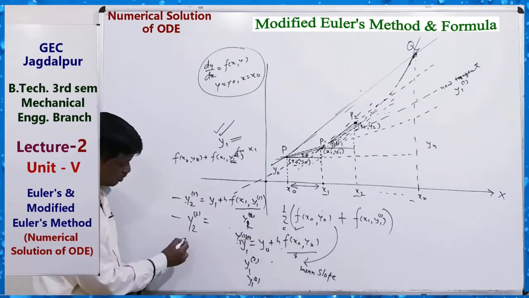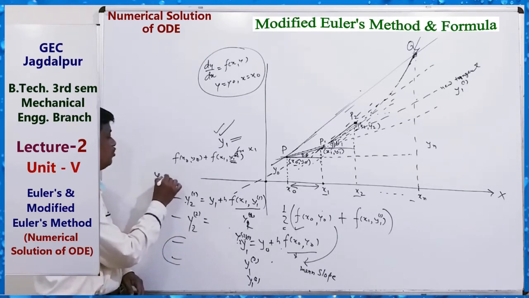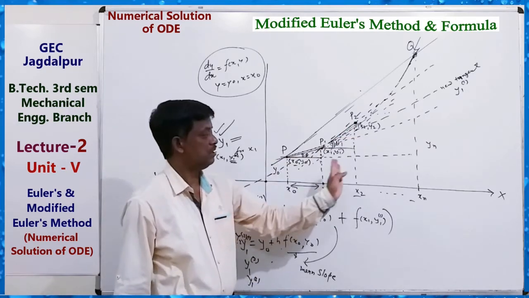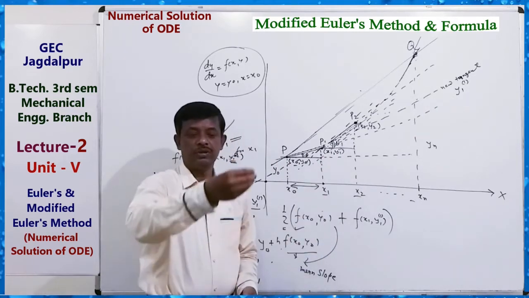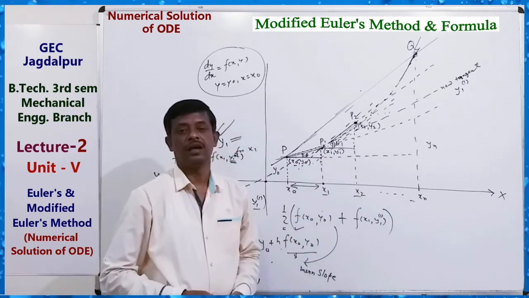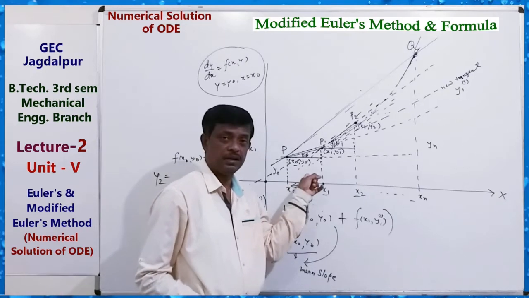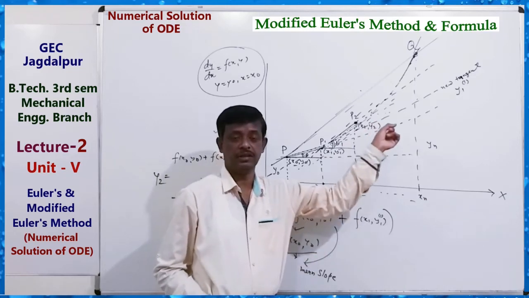And whenever two approximations give the same value, that will be the final value of y2. Similarly, in each interval we will take approximations: for the first interval y1, second interval y2, third interval y3.